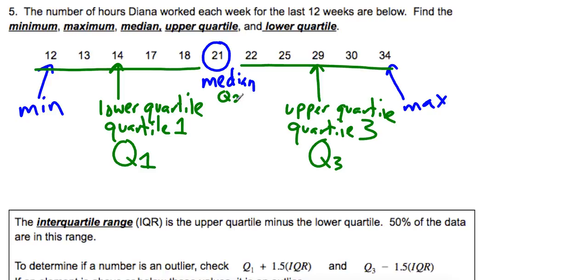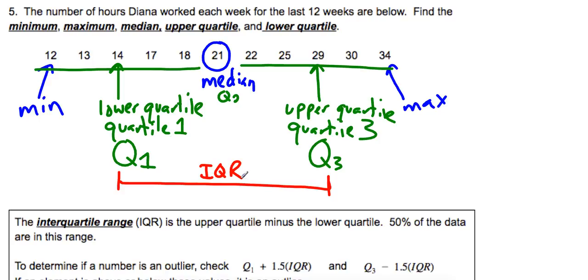Then the other thing we have to talk about is something called the interquartile range. The interquartile range is the distance between Q1 and Q3. We call this the IQR. Your middle 50% of your data is in the interquartile range. 25% is above, 25% is below.